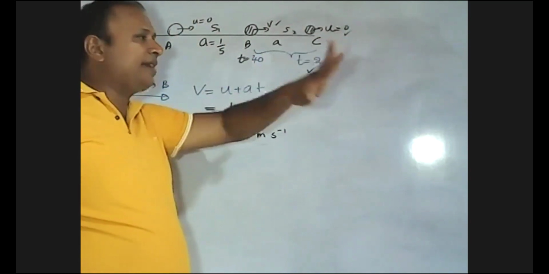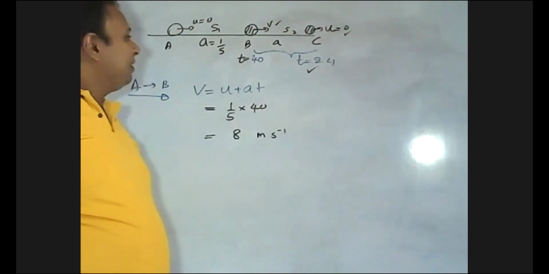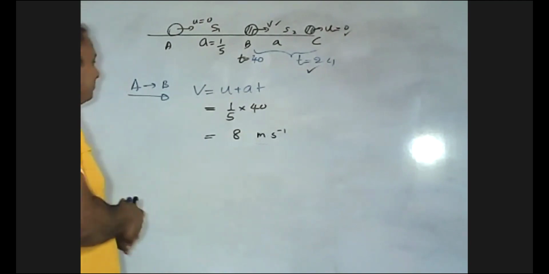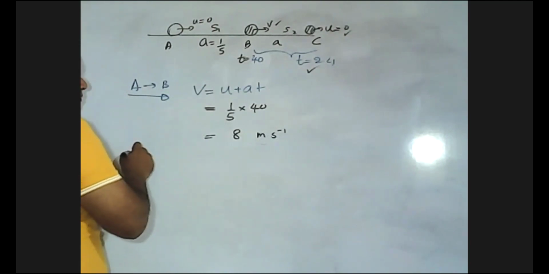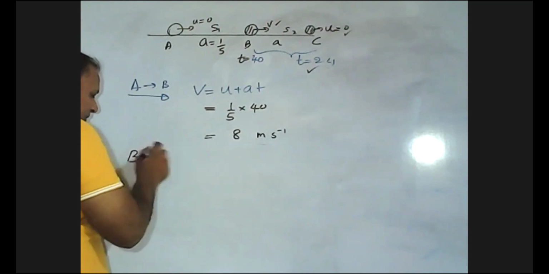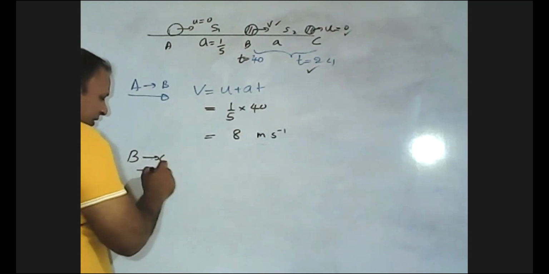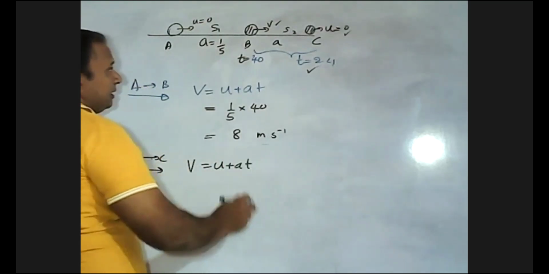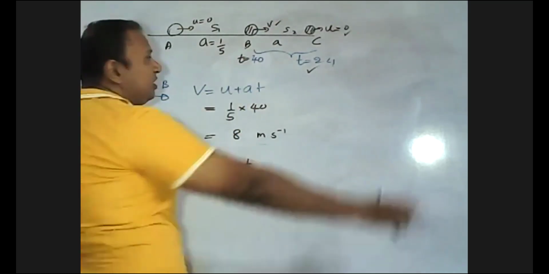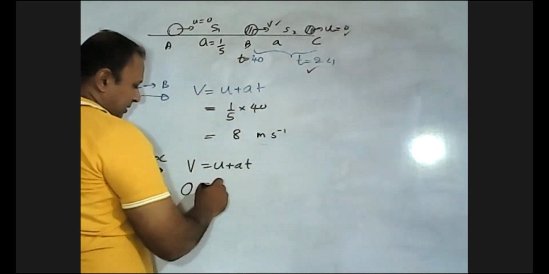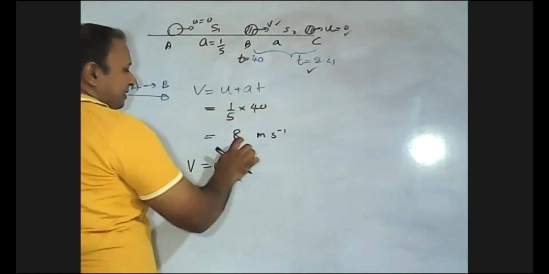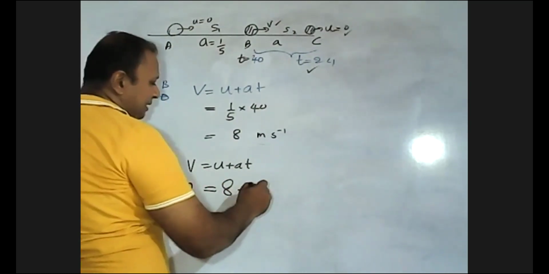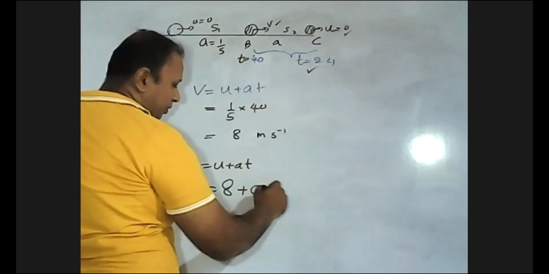You want to find the acceleration, so you have to use this equation again. From B to C, I can use V equals U plus AT. The final velocity is 0, the initial velocity is 8, plus 8 times t means 24.